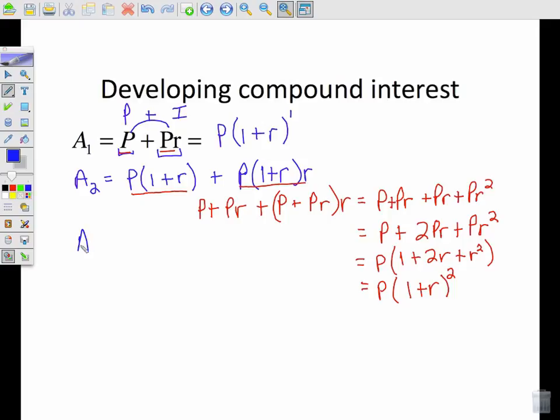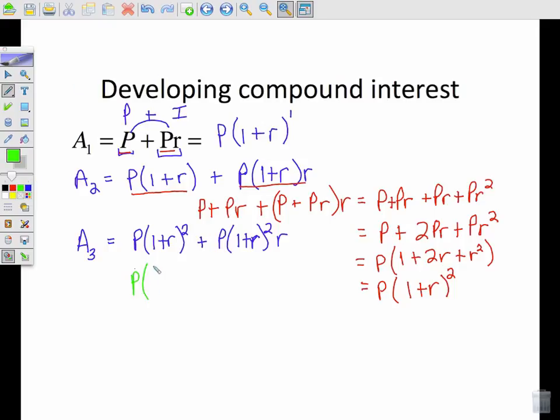So in the third year, we would have the principal after the second year, P times 1 plus R to the second, plus the principal times the rate, 1 plus R to the second, and then times the rate. Let's see mathematically what this will give us.